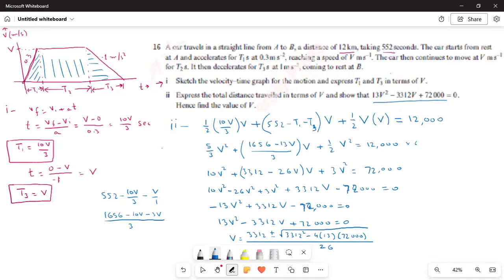Let's find its value. Yes, it gives me two answers, 24 and 230.77. You can see that this is not a reasonable answer. So the reasonable answer is only 24 meters per second. Yes. So this is our solution.